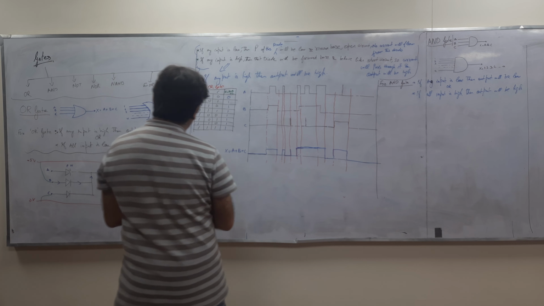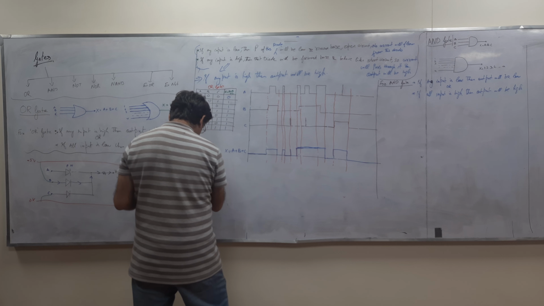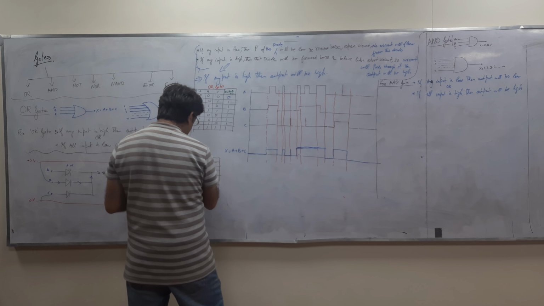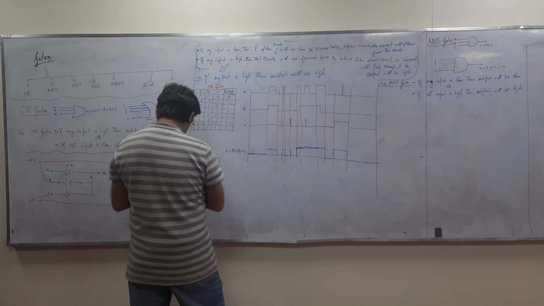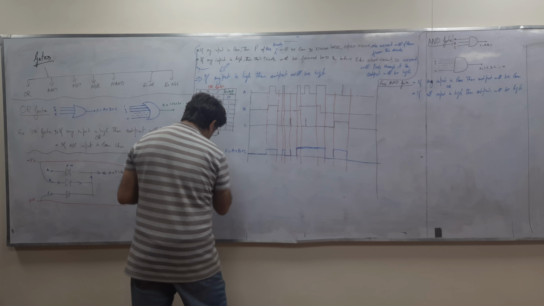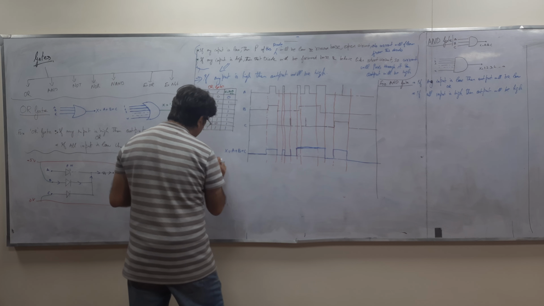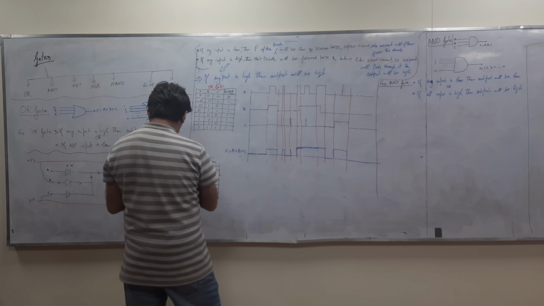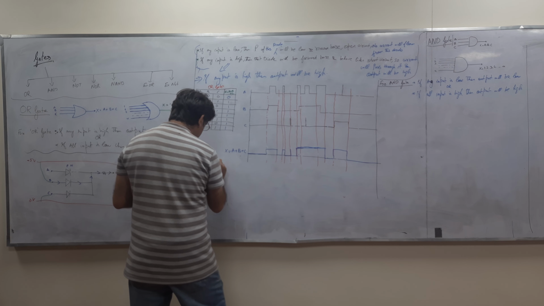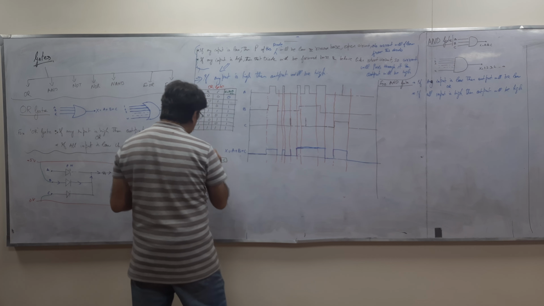The same truth table inputs: okay, this is A, this is B, and this is C. This is the output.